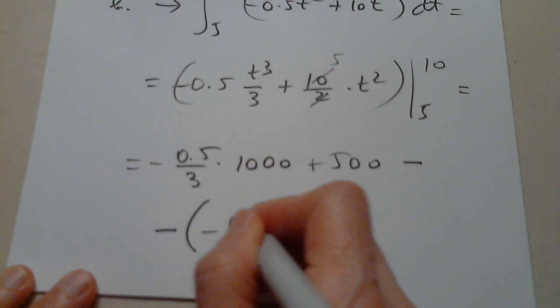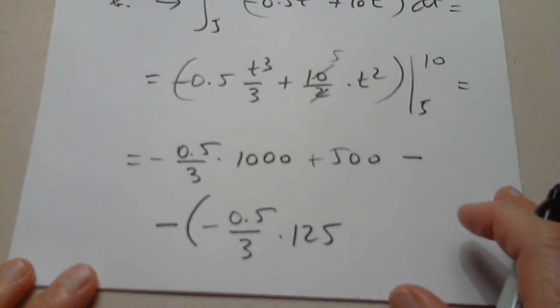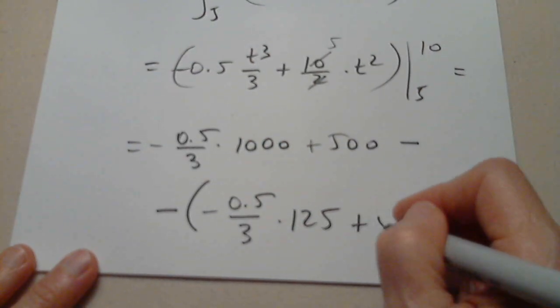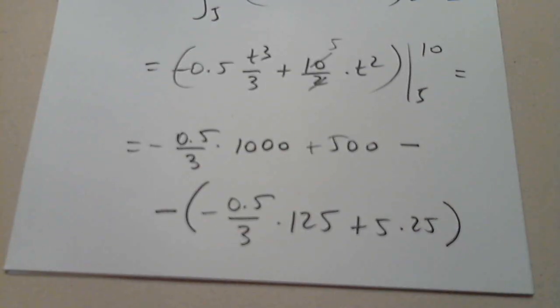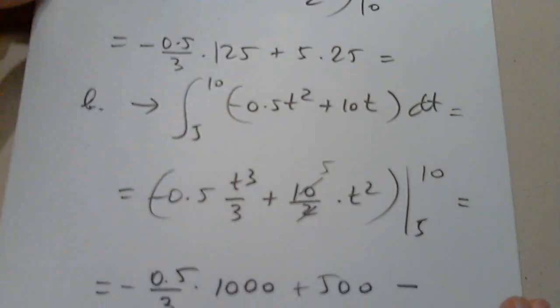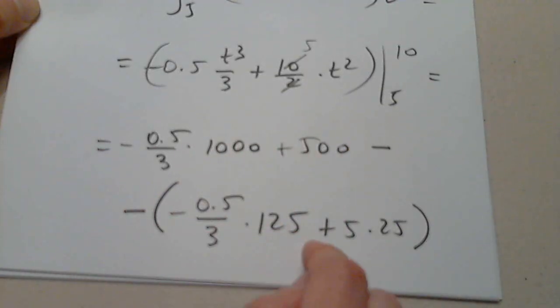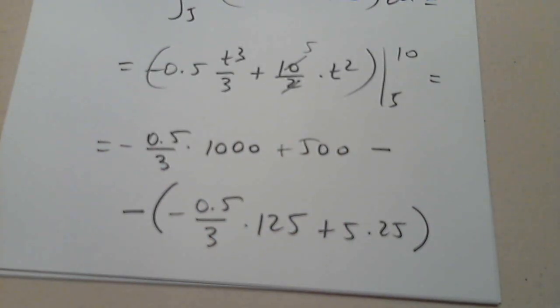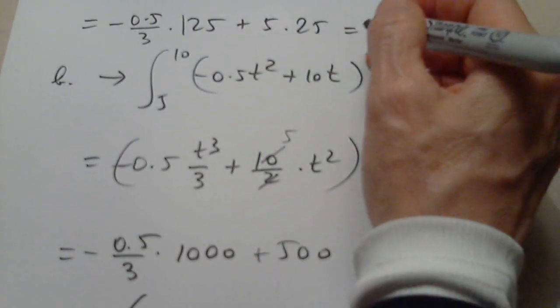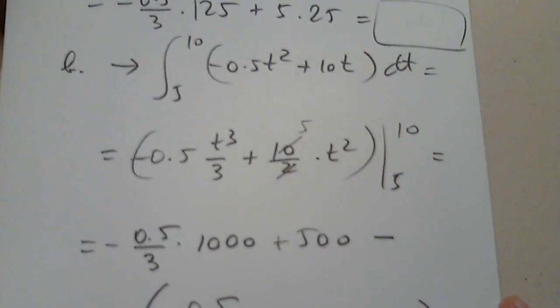So negative 0.5 divided by 3 times 125, and plus 5 times 25. So now I have to calculate this, and then subtract it for the second part. So let's see what we get here and what we get here. And then we can check.